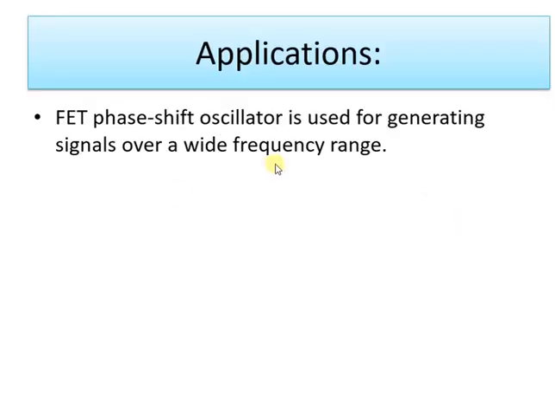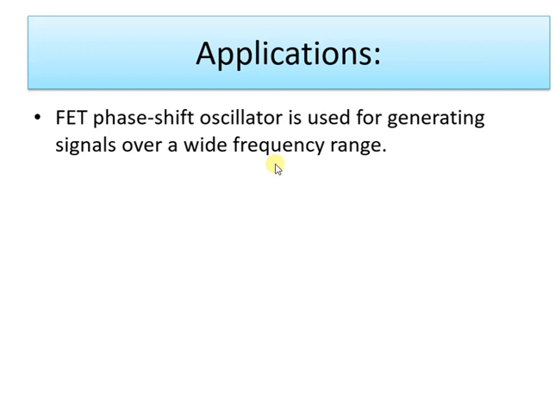Coming to the applications, the main application of the FET phase shift oscillator is that it is used for generating signals over a wide frequency range, and the frequency may be varied from a few hertz to 200 hertz by using one set of resistors with 3 capacitors, which are connected together to vary over a capacitance ranging in the 1:10 ratio.